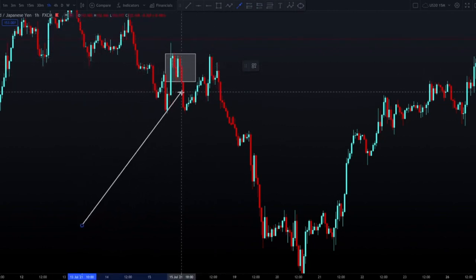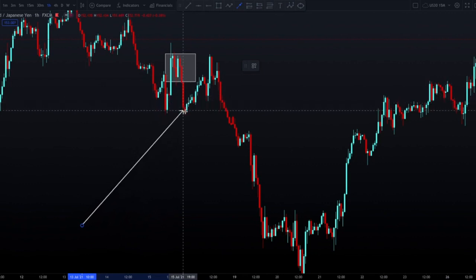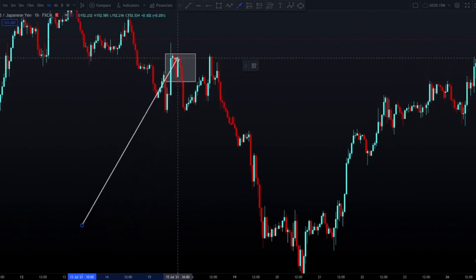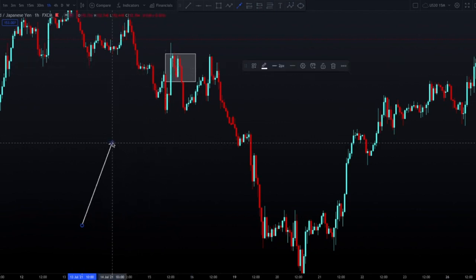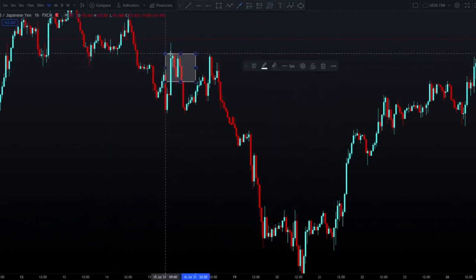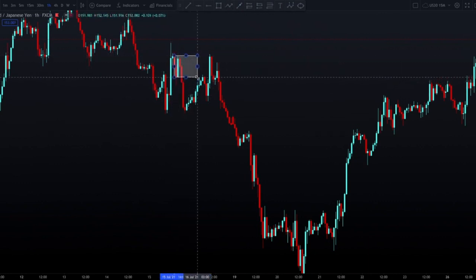So if it's a bearish order block, you have to find the green candle, or in this example, the blue candle. And then you select this candle from wick to the whole body, and you wait. Because this is a very important zone where institutionals are basically distributing.